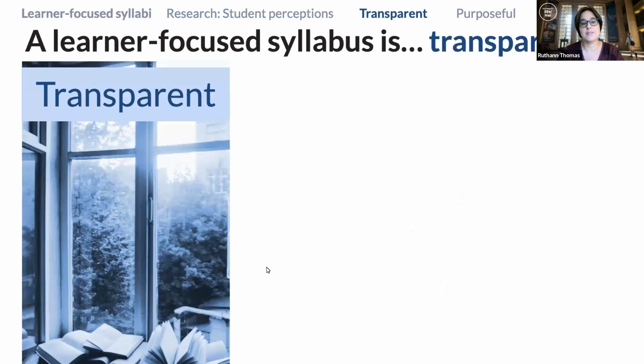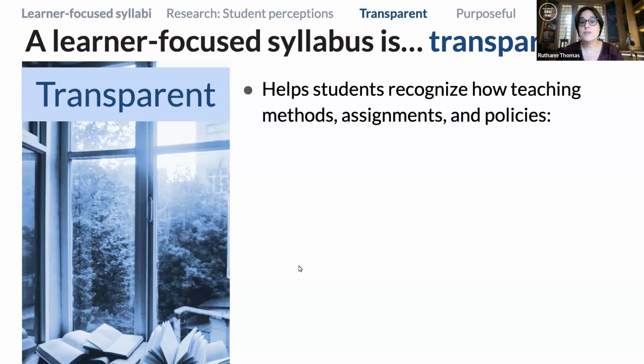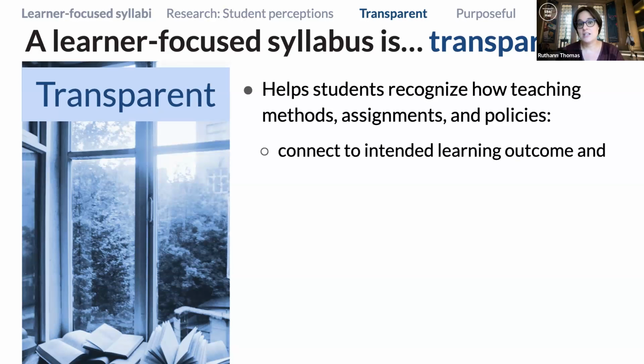The first key characteristic of a learner-centered syllabus is transparency, which involves clearly communicating to help students recognize how teaching methods, assignments, and policies connect to the intended learning outcomes of the course and are designed to support their learning.